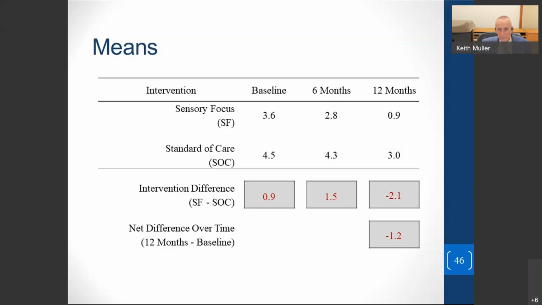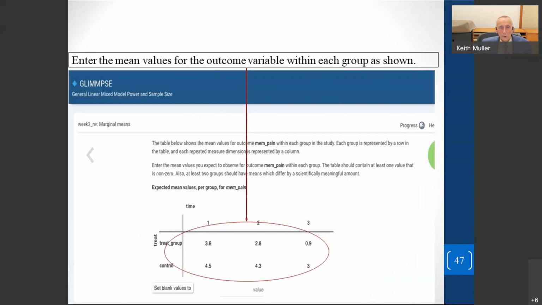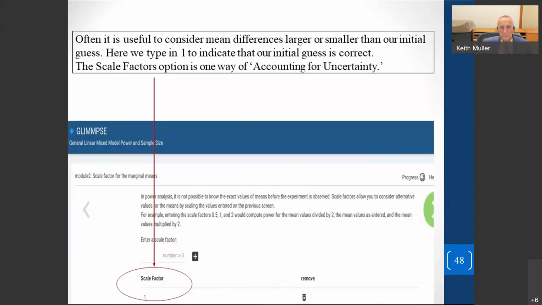And then at the end, of course, that change over time, the interaction, is negative 1.2. So we type in these numbers. There are various friendly things the software will do to make this task easier, but for right now, it's just a matter of typing in 6 numbers for this example, and it arrays them in a way that you're accustomed to seeing as a factorial table.